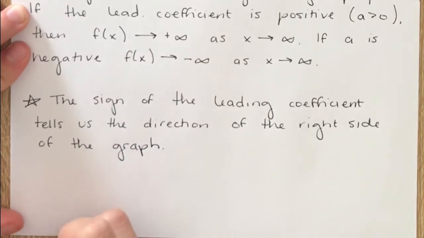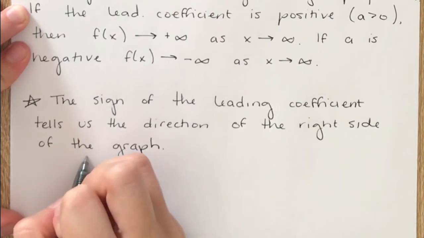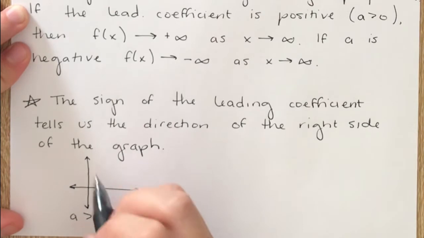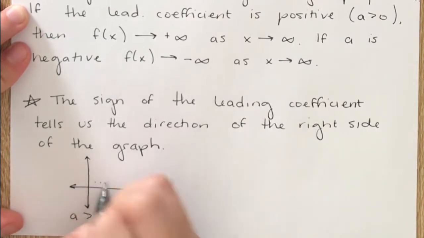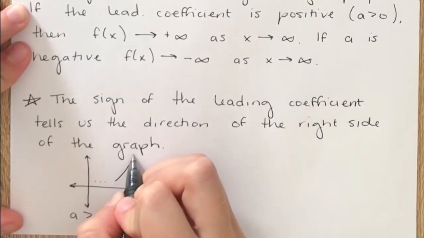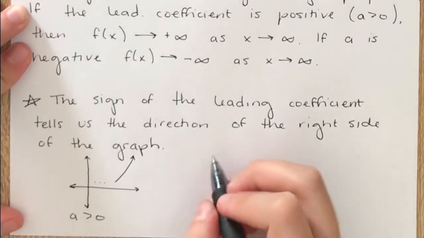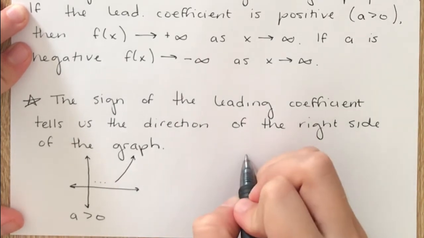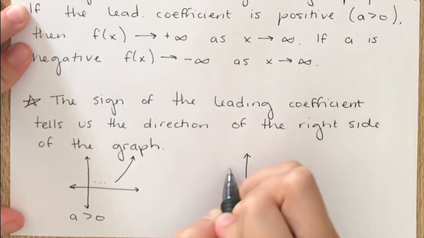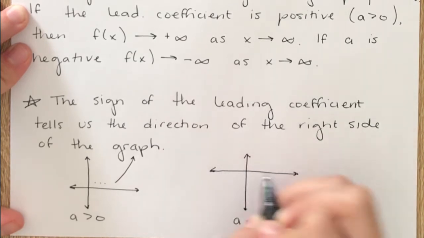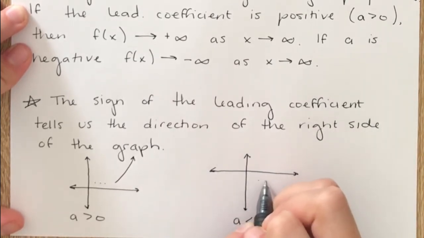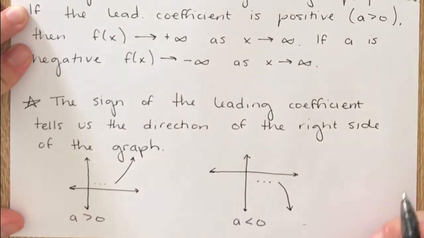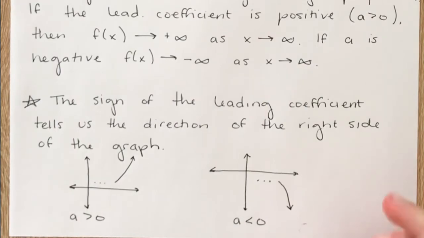So if a is greater than 0, our graph has something going on. We're not sure what, but we know that it ends in this way. And if a is less than 0, then we don't really know what's going on with the graph. We don't know where it crosses the x-axis. It could be doing whatever, but we do know that it ends like this.